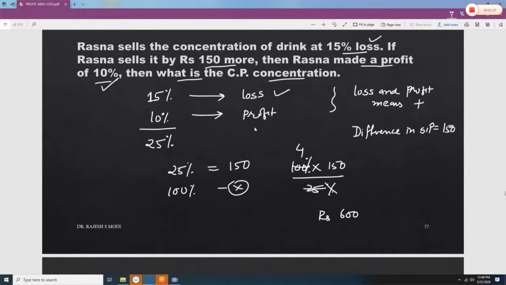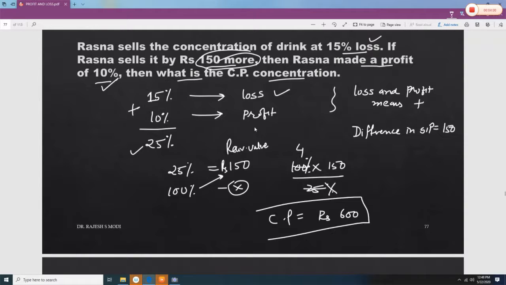So profit and loss means plus, so it is 25%, and in value it is 150. So 25%, the real value is 150 rupees. So if it is 100%, then how much? So 100 into 150 divided by 25. So the CP of the concentration is rupees 600.